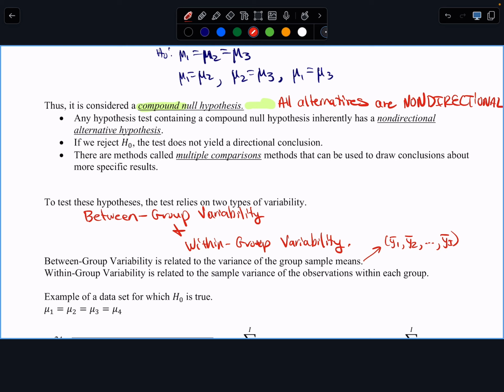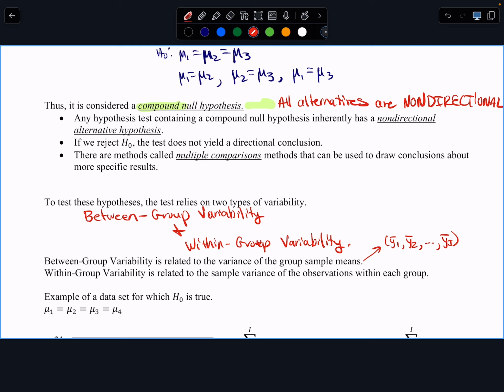But sometimes the variability within the group can get in the way of us seeing those between group differences. So we also have to look at within group variability. That's related to how spread out each of the observations in your data set are, which is the sample variance of the observations within each group.